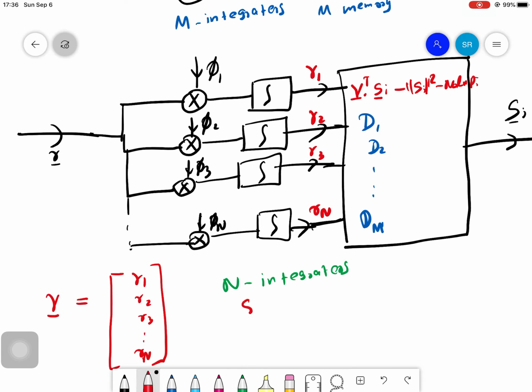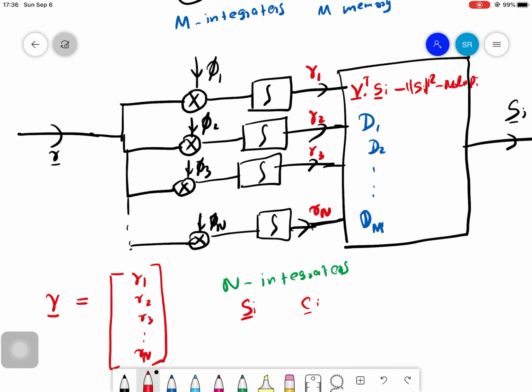The thing is, now I am only using n integrators, but I have to memorize the Si components as vectors, and also I have to memorize the Ci components as vectors. Previously, I generated those signals and I did not memorize them, but in this case we need more memory elements to memorize these Si's.